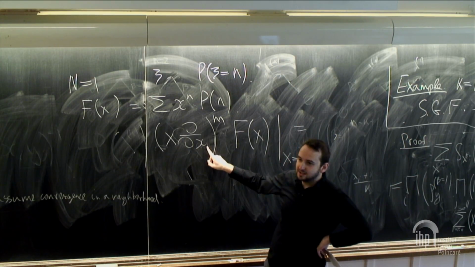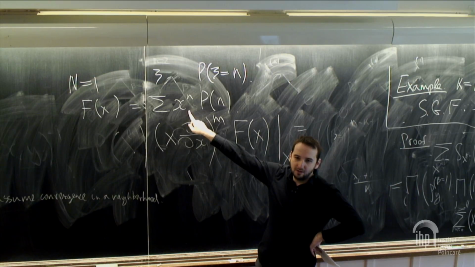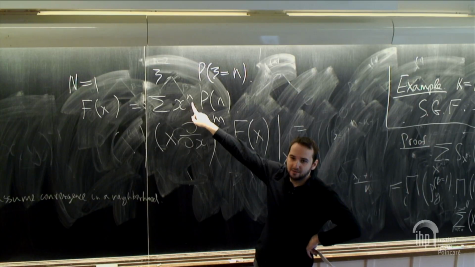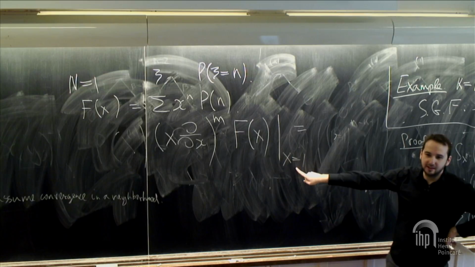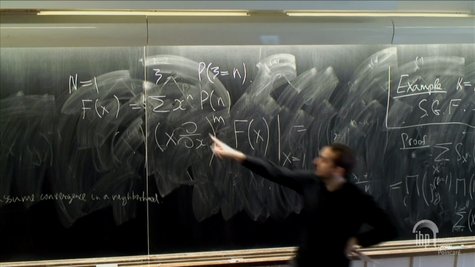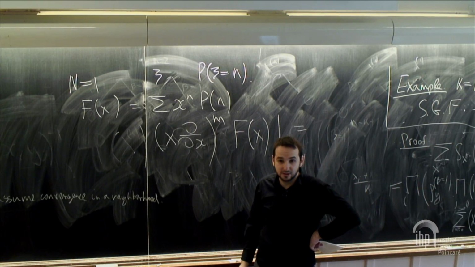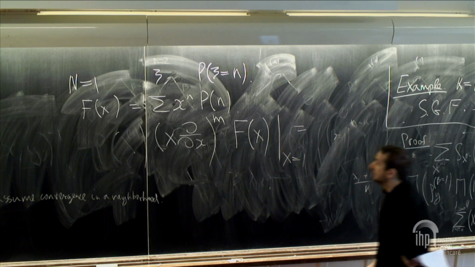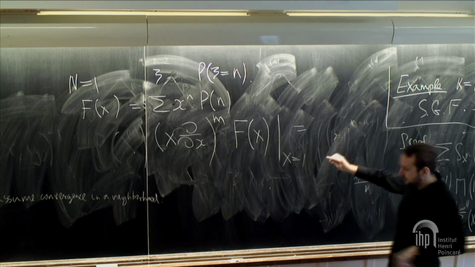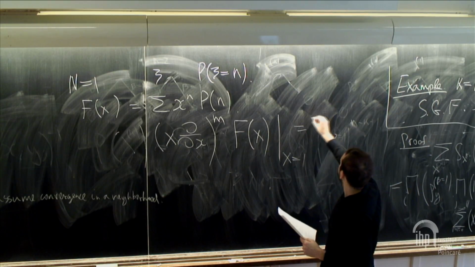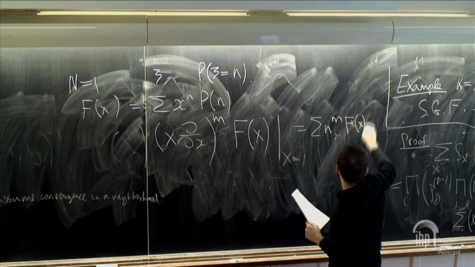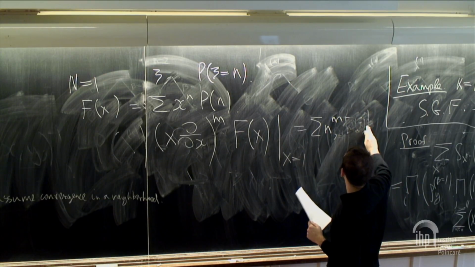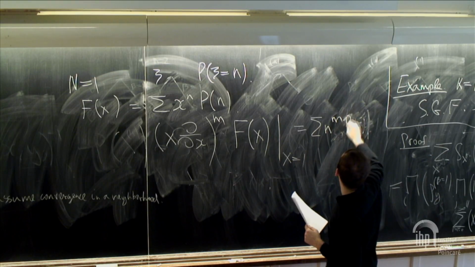X d/dx, this x on the monomial, is an eigenfunction. And the factor that appears is precisely n. So there will be several of these guys n's. Afterwards, when you set x equals to 1, then all the x to the n's will disappear, because x is set equal to 1. So the result is that it is equal to sum n to the m p of n.